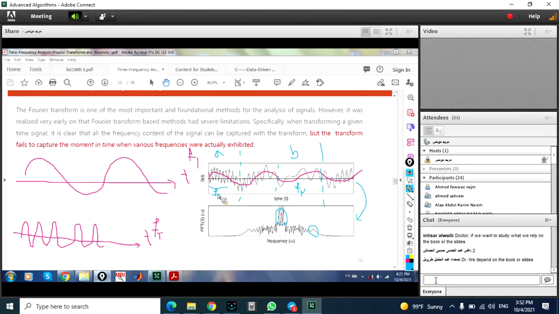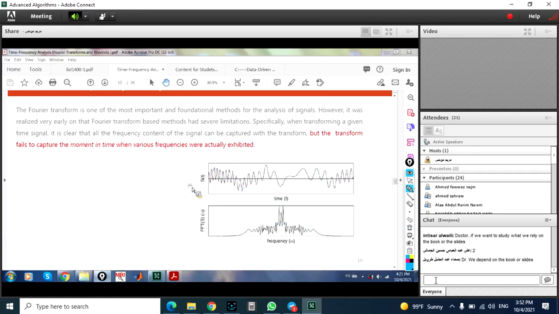But we cannot say, okay, if it is in the first part of the signal, we cannot say where F1 is. The Fourier transform gives the frequency content of the signals. And then the disadvantages of Fourier.